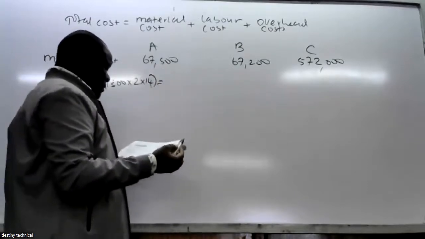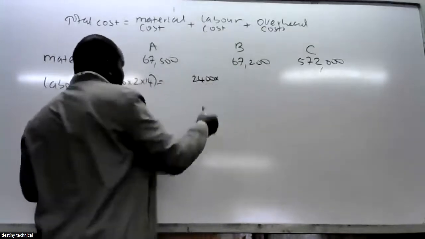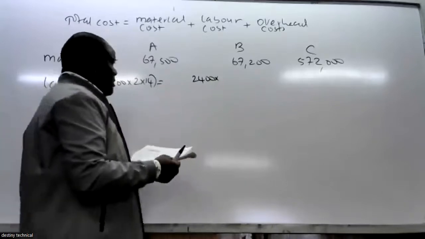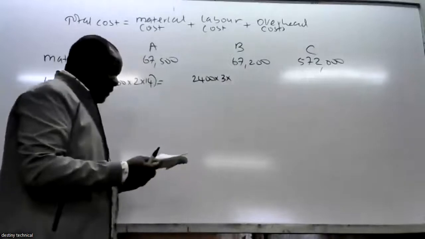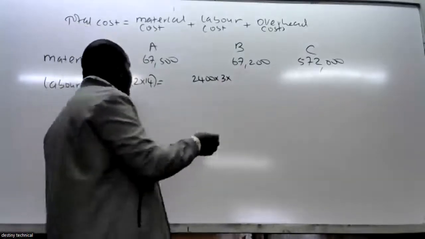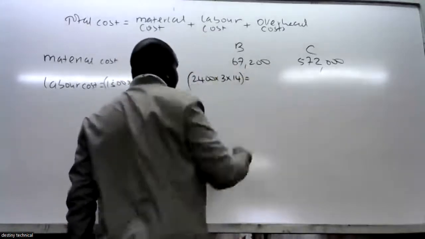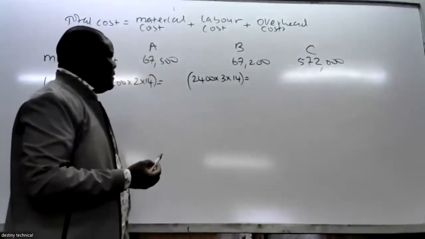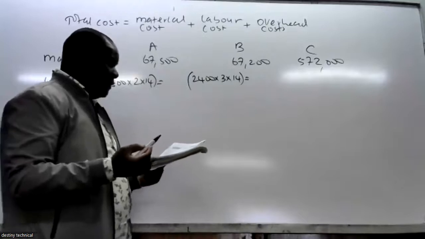For product B, it is 2,400 units. Then the labor hours per unit is 3. Then the rate per hour is 14. Then for C, there is 11 units.